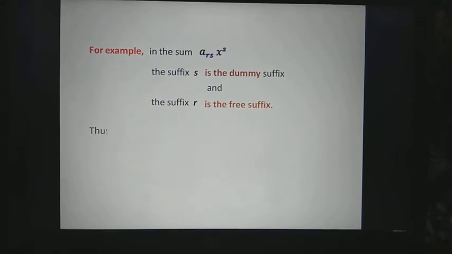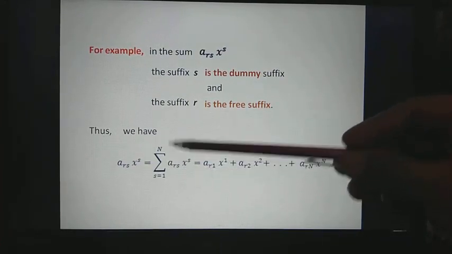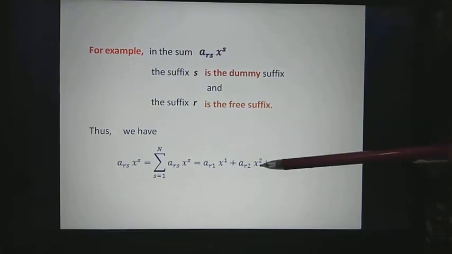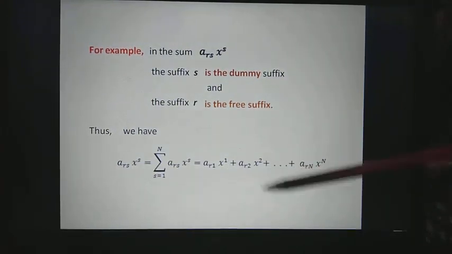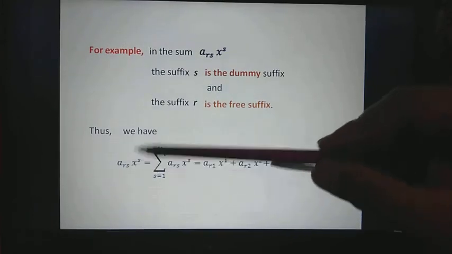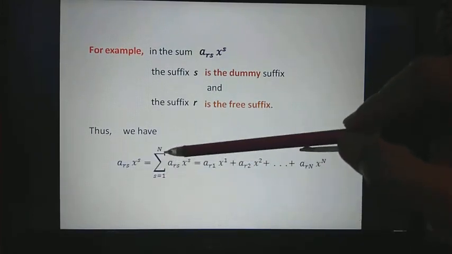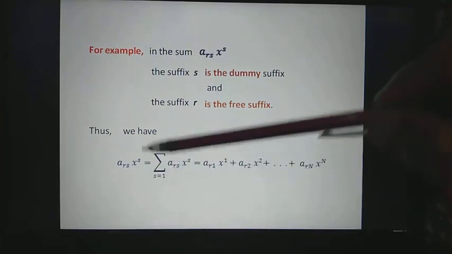Thus, we have ars xs is equal to summation s equal to 1 to n of ars xs, that is equal to ar1 x1 plus ar2 x2 plus and so on, arn xn. Here s is repeated twice and therefore the sum is taken over s.